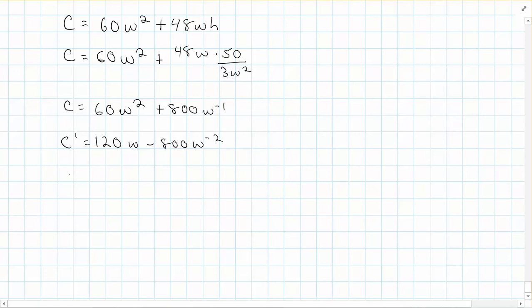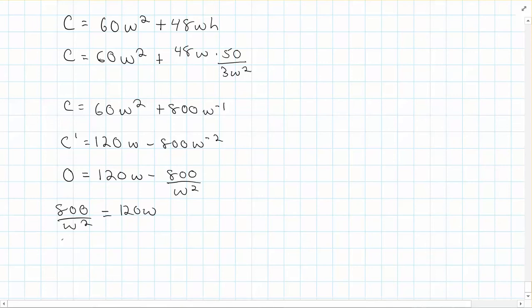And again, we're going to want to find the critical number, so I'm going to set this equal to 0. So we get 120W minus 800 over W squared, 800 over W squared is equal to 120W.